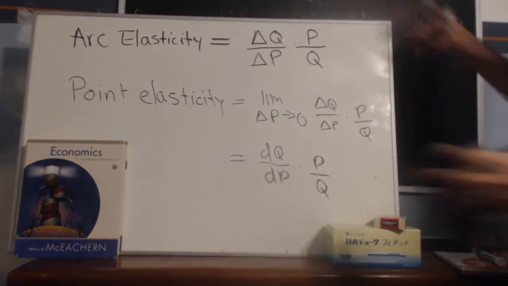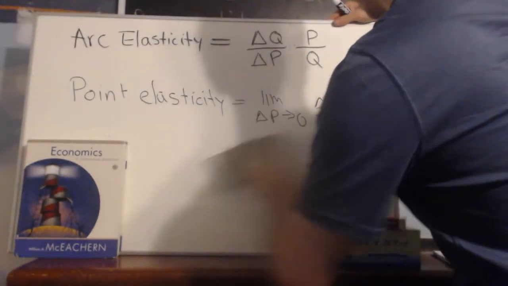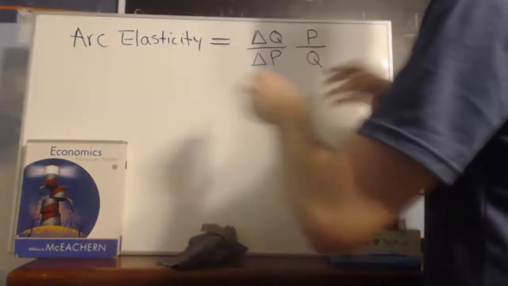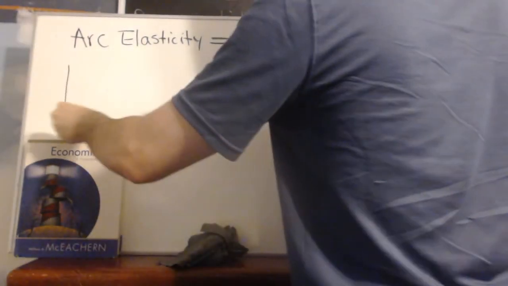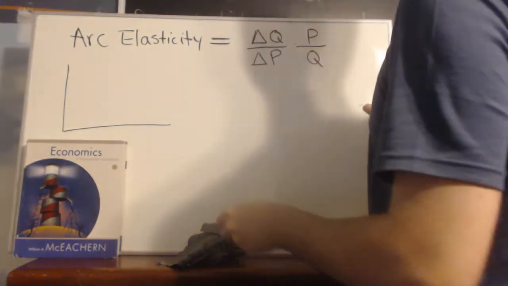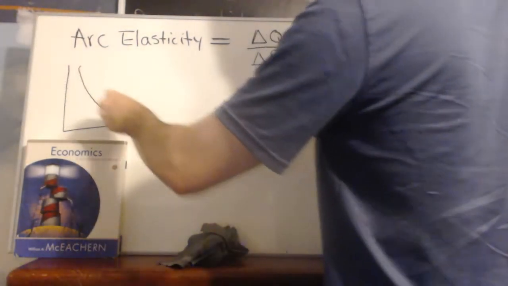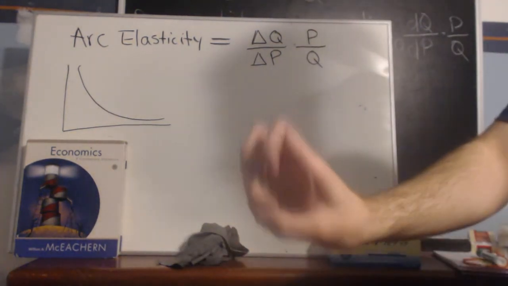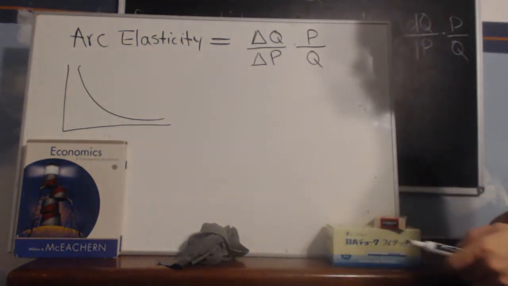So let's see if we can use that in a calculation. Say we have some graph, and it's not a linear demand curve, which we haven't really dealt with for the most part.